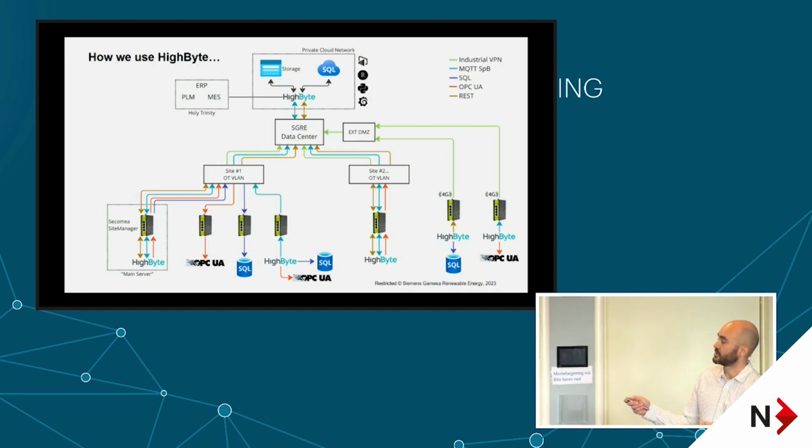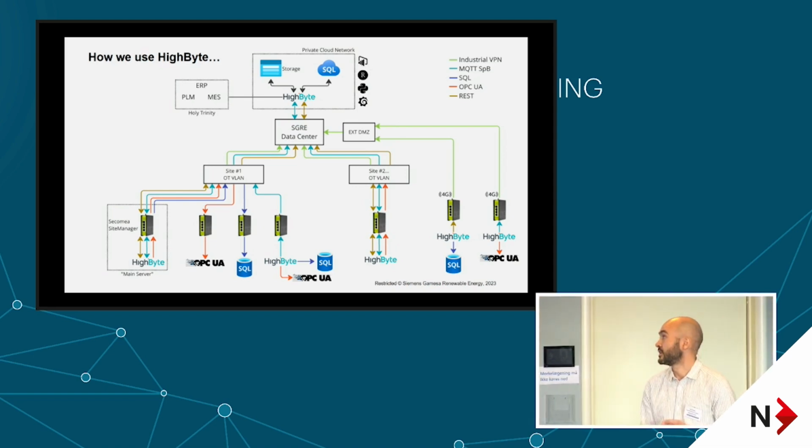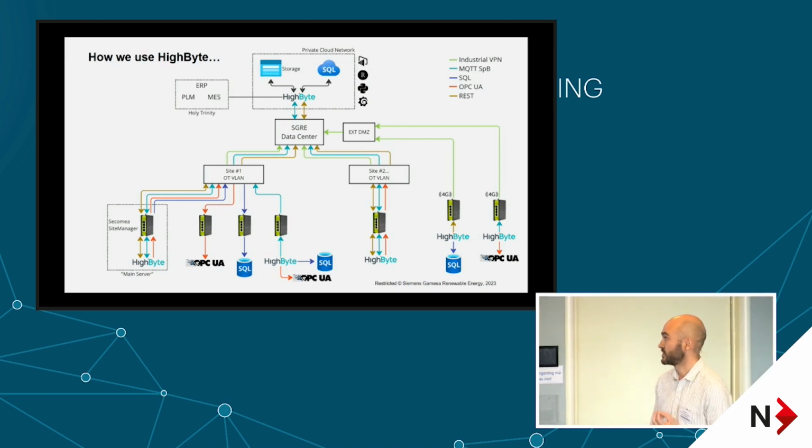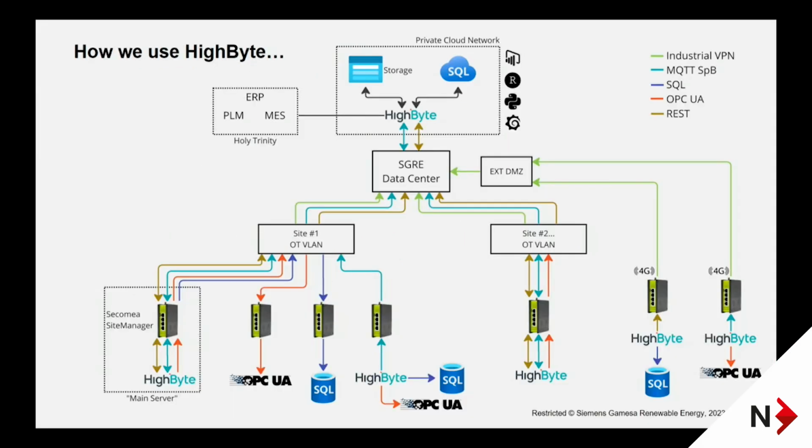On the front-end side, we use a combination of Power BI, more custom RStudio dashboards or Shiny dashboards, together with Python, and of course we also use Grafana. We are currently trying to figure out how to connect HighByte with what we call the Holy Trinity, like MES, ERP, and PLM. I have a bit more on that a bit later.